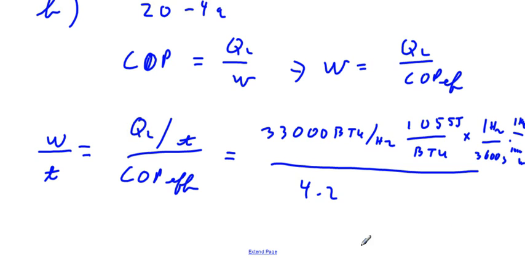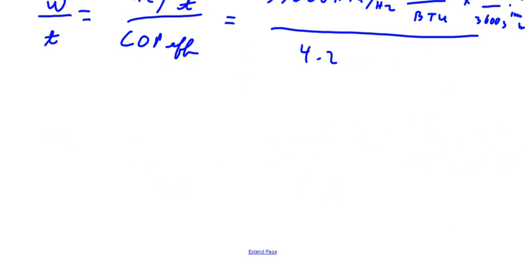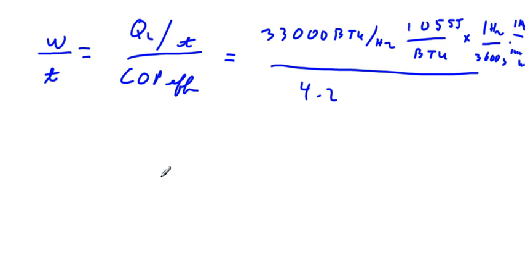Well, I certainly did mess that up, didn't I? Anyway, I put it in my calculator, and I get approximately 2.3 kilowatts is what it's going to take to do that. And then the C part of the question is how many horsepower.